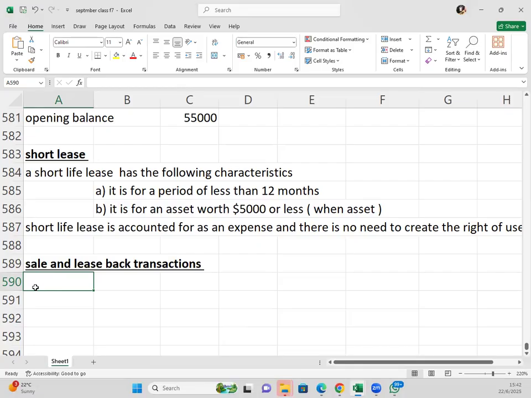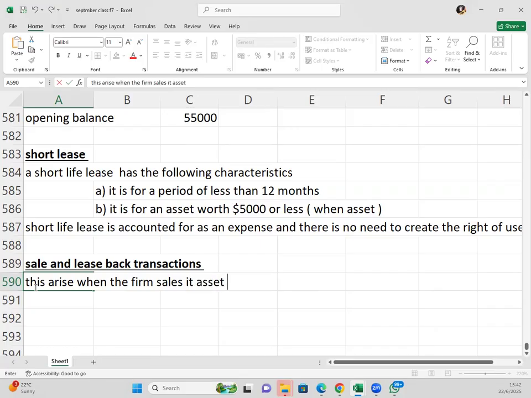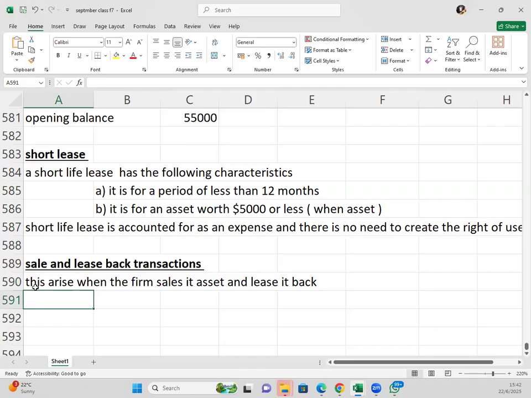So this arises when the firm sells its asset and leases it back. We have sold the asset that was ours and we have decided to lease it back. For us to say this is a sale and leaseback transaction, a sale must first of all have taken place.